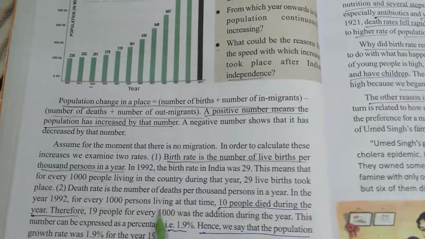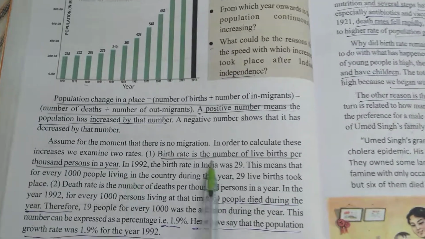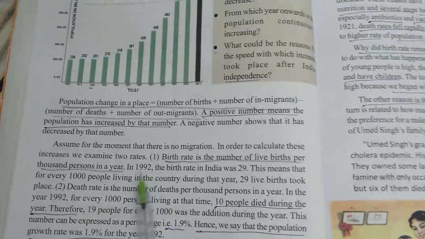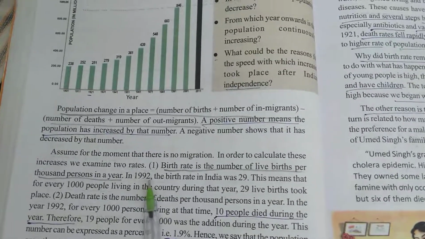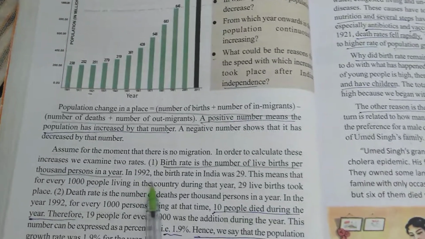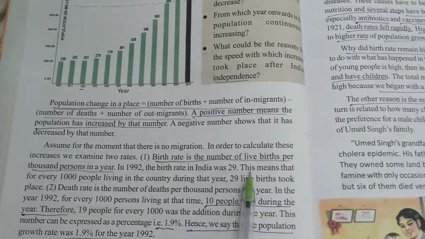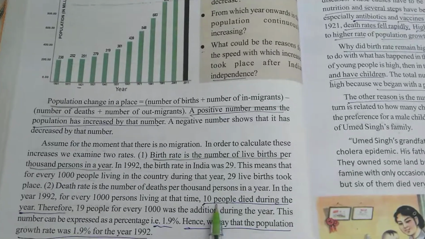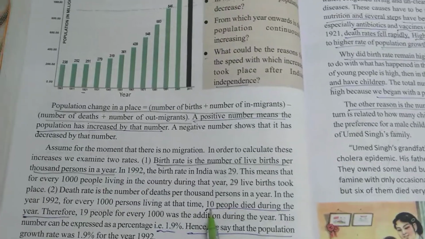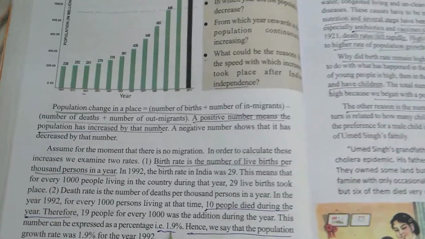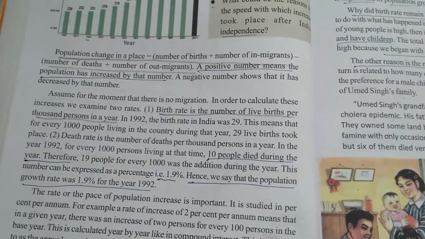So for 1000, 19 people are increasing from 1992. There is no migration here; we are not considering migrated people. We are calculating the change in size only based on the birth rate and death rate. So every year, 19 people per 1000 are increasing. If you calculate for 100, it is 1.9. So it is easy to understand and calculate.